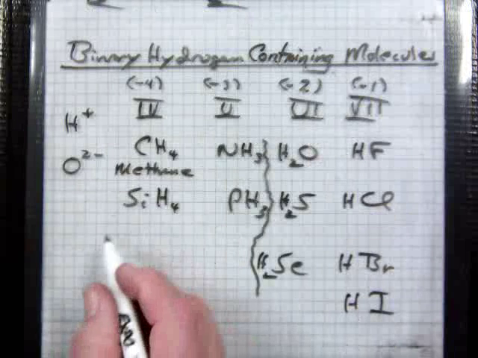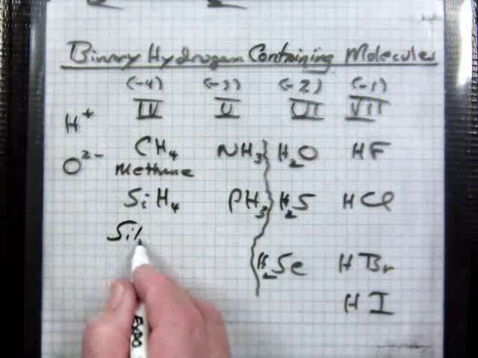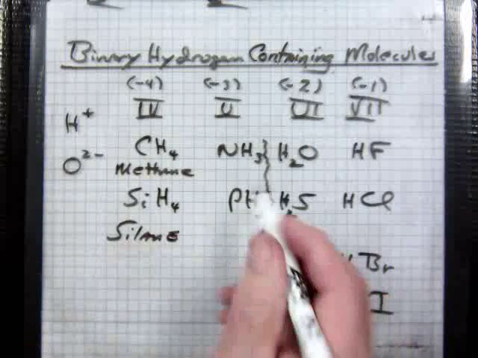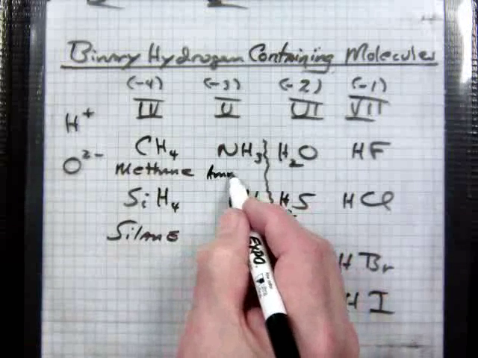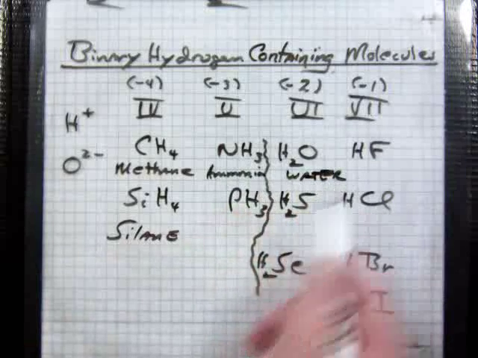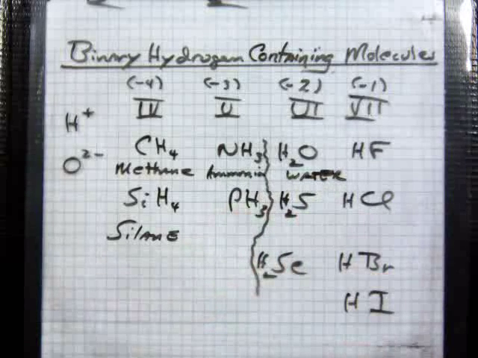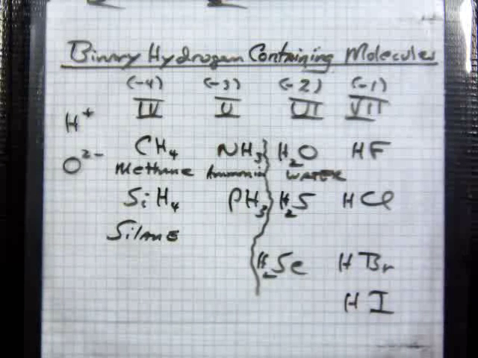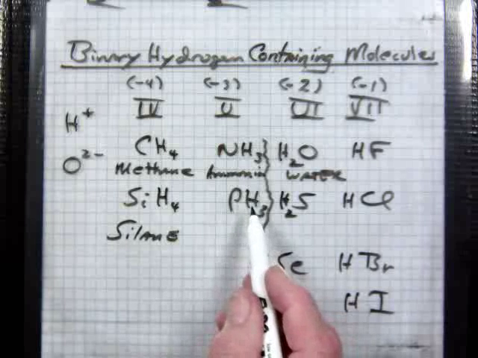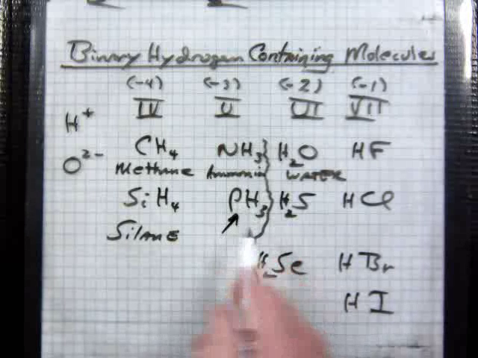And other common names are silane. I'm not going to give you a homologous series for that. Here's ammonia, and of course water. Now, the others in there have IDE endings or systematic names. Phosphorus trihydride or hydrogen phosphide. That's what we'll use.